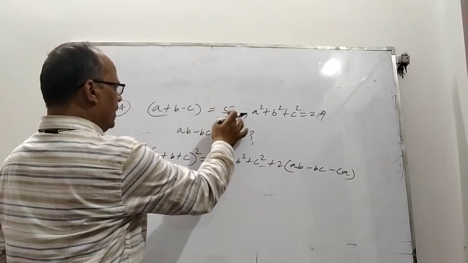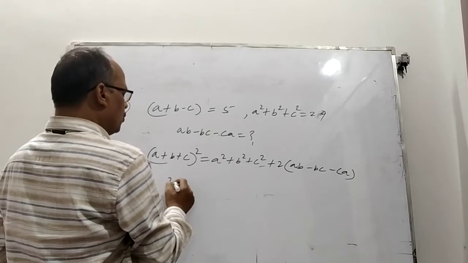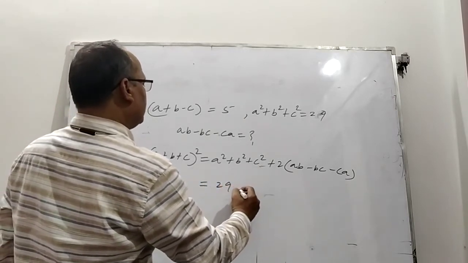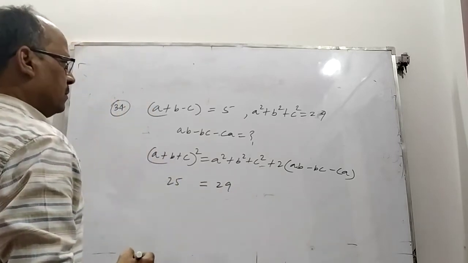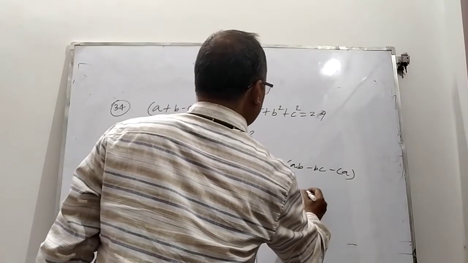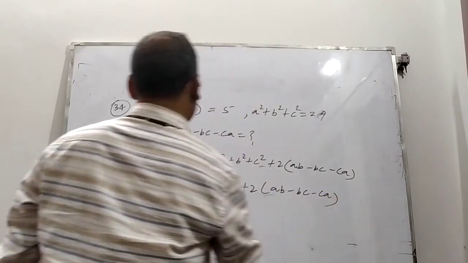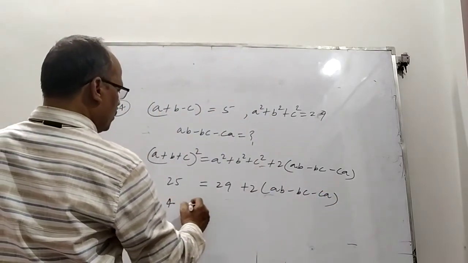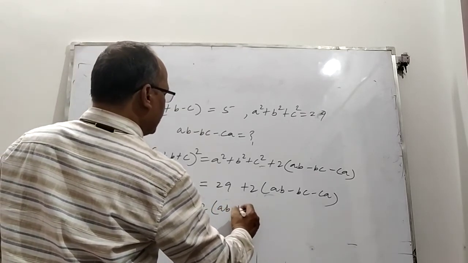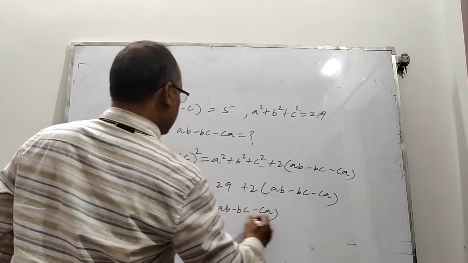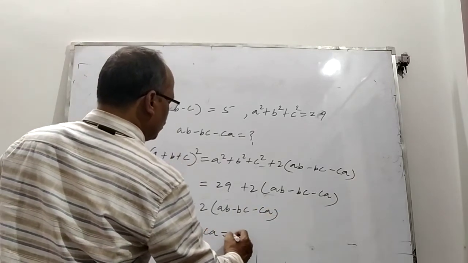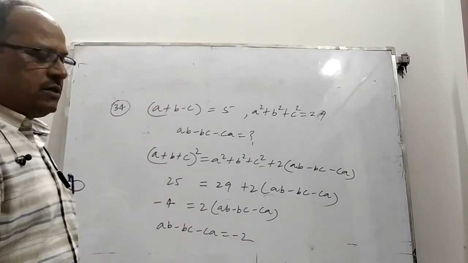This square will be 5 square, 25, and this will be 29 plus 2 in bracket AB minus BC minus CA, so minus 4 equal to 2 in bracket AB minus BC minus CA. So AB minus BC minus CA equal to minus 2. This is clear?